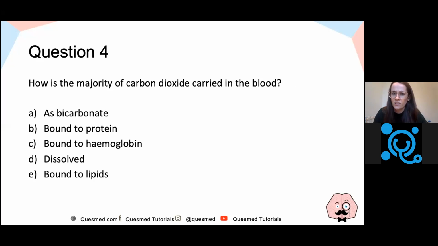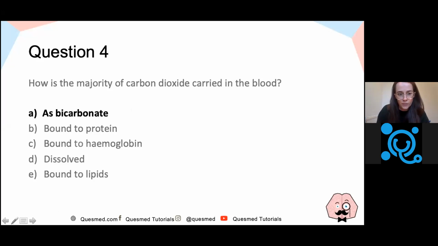Okay. So as bicarbonate, fantastic. So 63% got bicarbonate. And then we've got a few dissolved and a few bound to hemoglobin. Okay, lovely. So the correct answer is as bicarbonate.